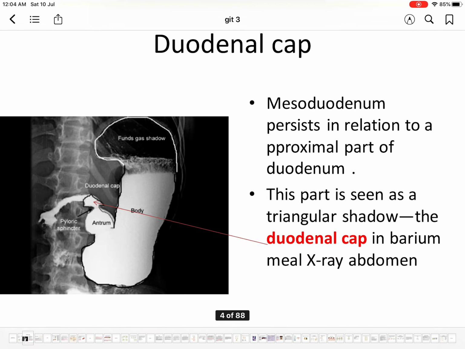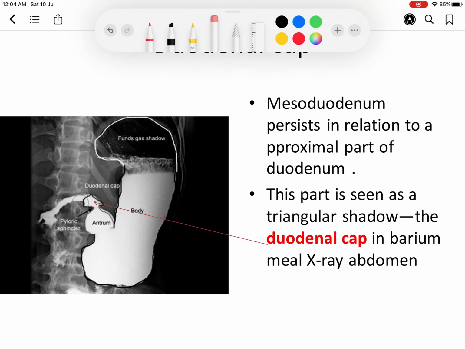This part is shown in the barium meal X-ray of the abdomen. It is seen as a triangular shadow, that is called the duodenal cap. Here you can see the barium meal, and in this you can see the duodenal cap.